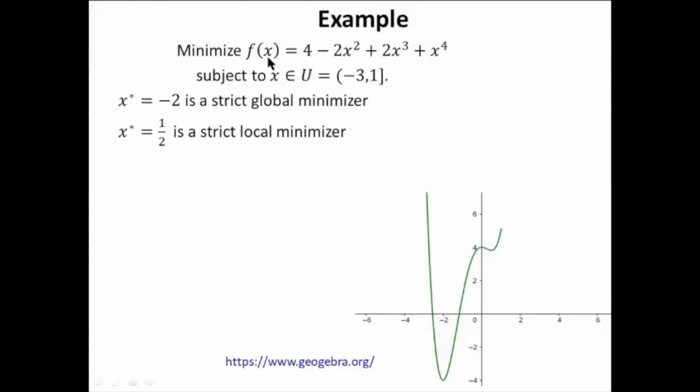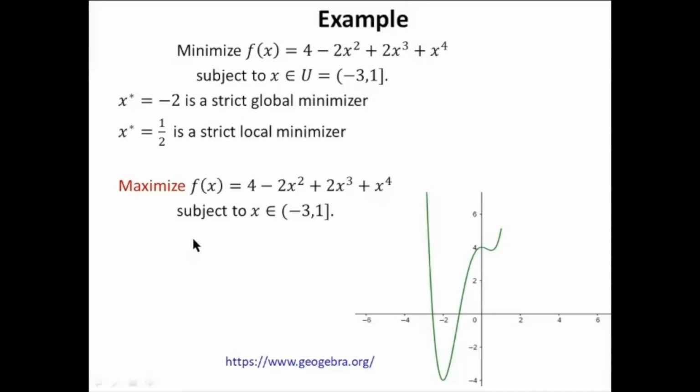Now, instead of a minimization problem, if we consider the maximization problem with the same objective and the same set U, then we can see that there is a peak at x star equal to 0. So 0 is a strict local maximizer. We also identify one more maximizer, that is the point 1.